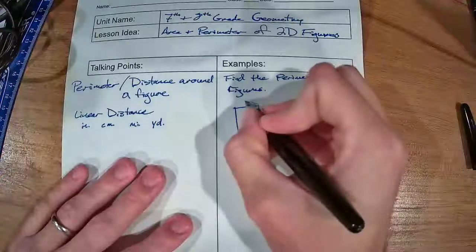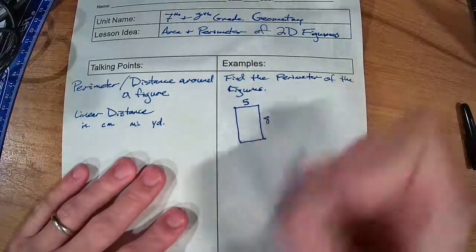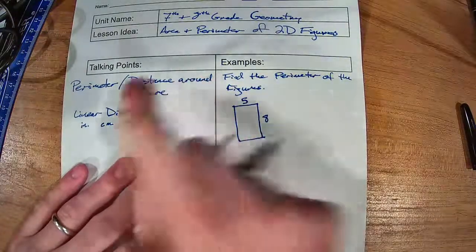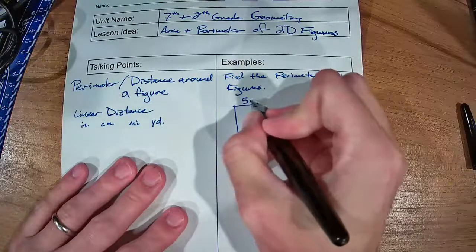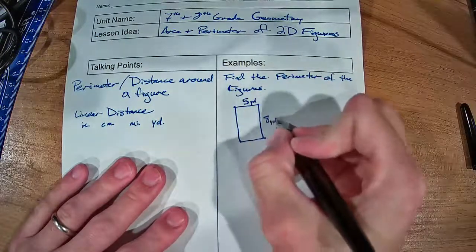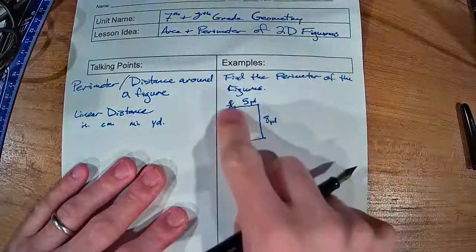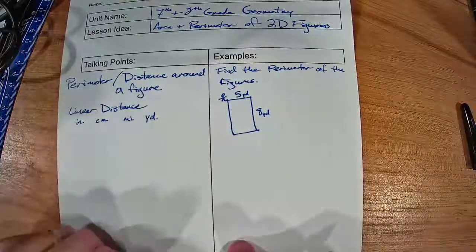And let's say one side here is 5. And we'll say this other side is 8. So if I wanted to find its perimeter, I simply have to find the distance around it. So in other words, let's make it yards, 5 yards and 8 yards. So let's say I was standing here, and I were to walk around this figure, that would give me its perimeter, all right?